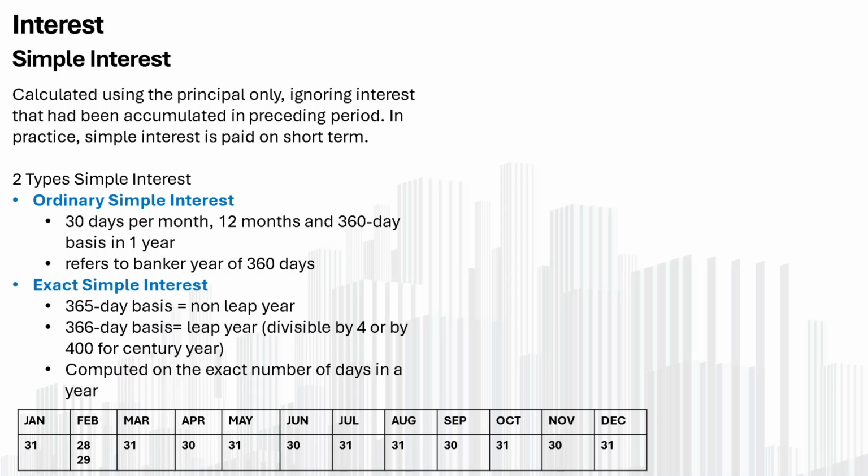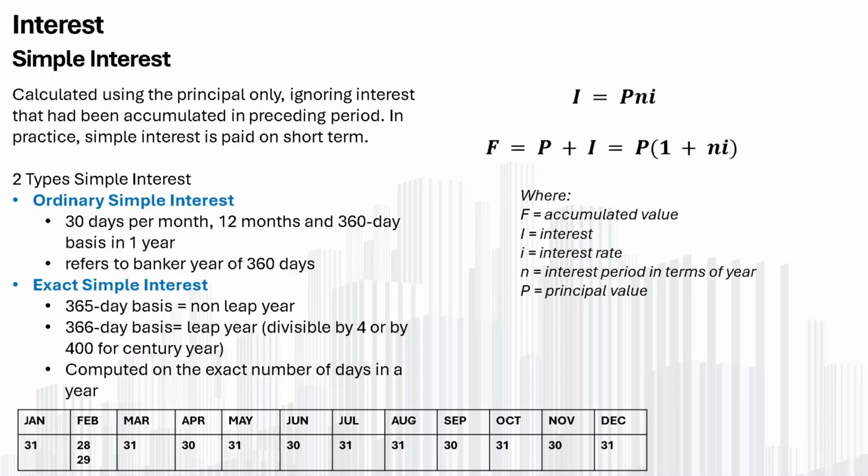So this is the sample here. The formula we'll be using for simple interest is the same for ordinary and exact simple interest. I, the interest accrued, equals the principal times the number of periods it's accumulated times the interest rate.